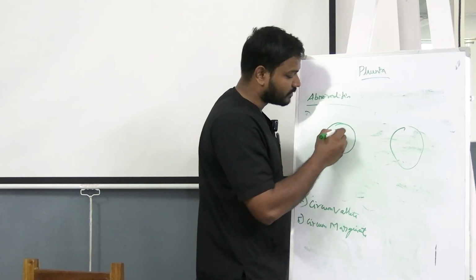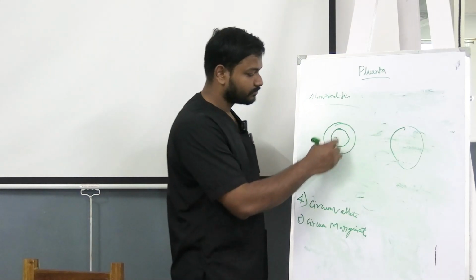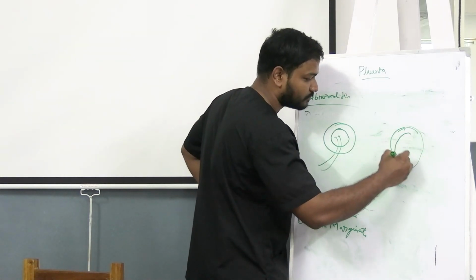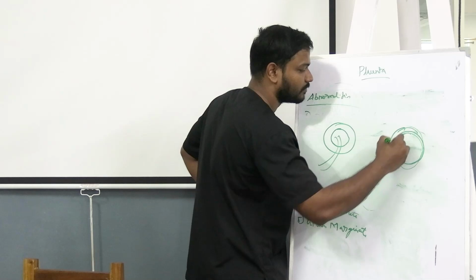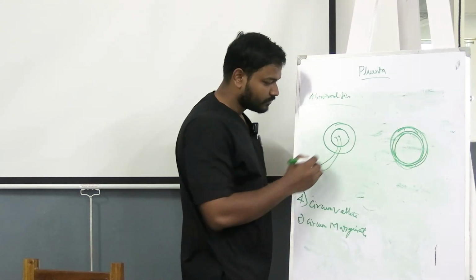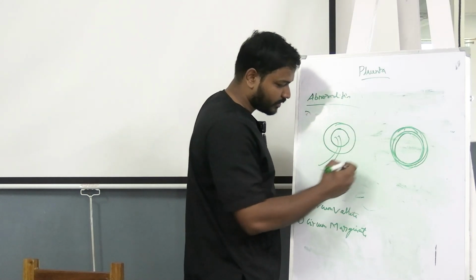In circumvallate placenta there is a rim. In circummarginate also there is a rim. If we have a cross section, it will be like this.